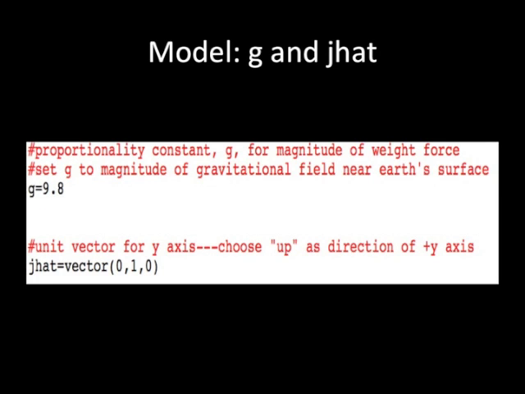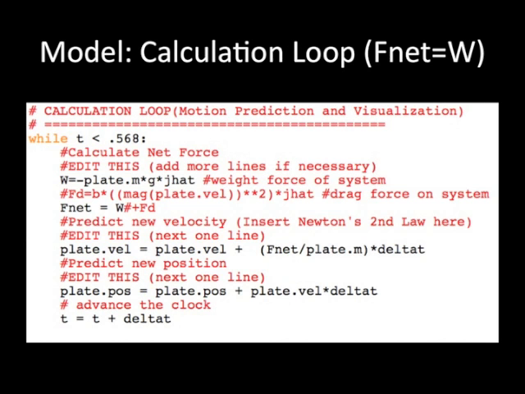Next, I assigned 9.8 to g for the magnitude of gravitational field near Earth's surface. j hat was given to us as the unit vector of the y-axis. With this, the weight force could be found using the equation W equals mg times j hat. I ran this code and Newton's second law predicted the motion of the plate assuming only the weight force acted on the plate.